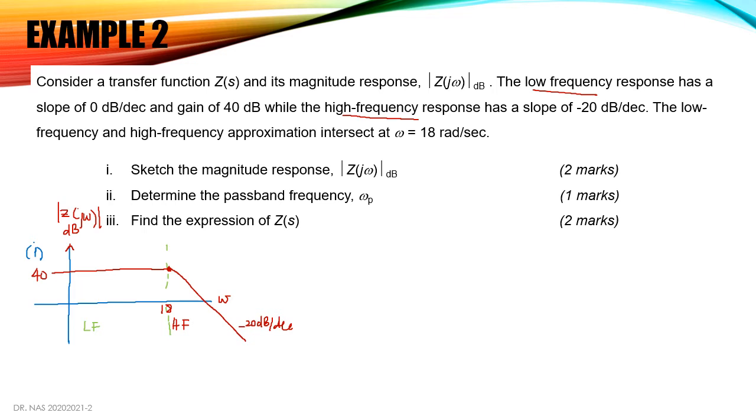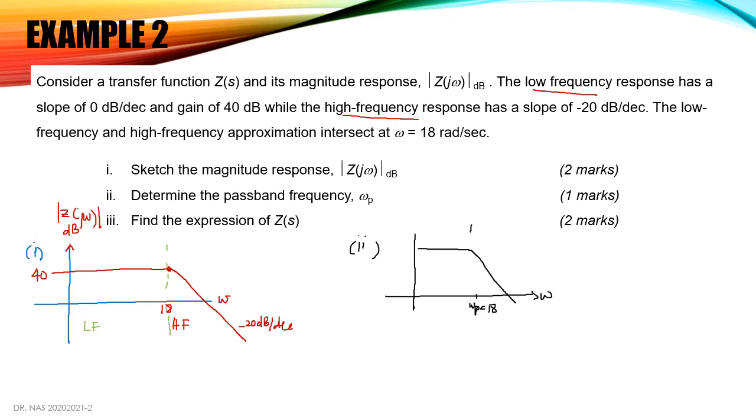Right, next, determine the passband frequency. So based on this shape, you know that it looks more or less like this. Omega passband is 18. So determine the passband frequency.